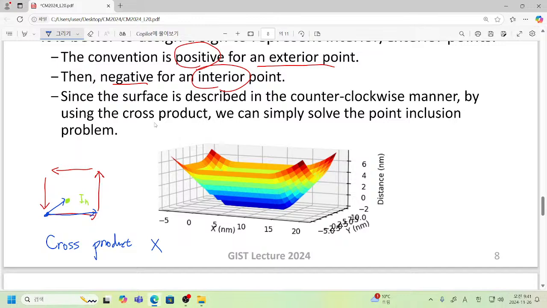The cross product corresponds to rotating from the first argument to the second argument, and the rotating axis represents the value of our rotation.